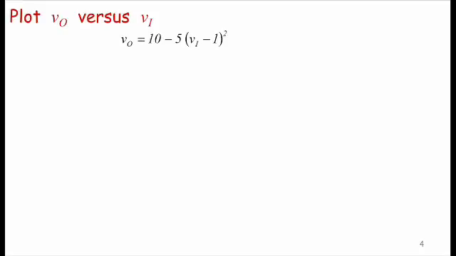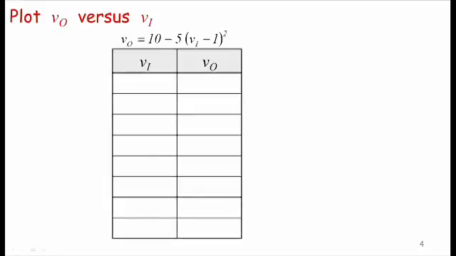I can also tabulate V naught versus VI for this equation so that we can look at some numbers in more detail. So let me put down a little column here. When VI is 0, recall that this equation was true when Vi was greater than or equal to 1 volt, and V naught equals Vs when Vi was less than 1 volt.